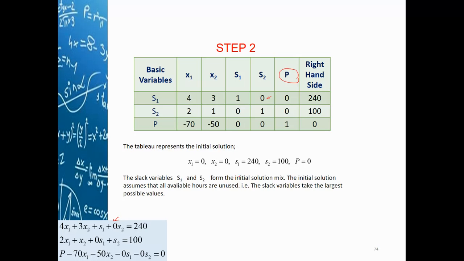Once you have this as your first step, your main intention is to refresh your 7 steps in the previous slides. Those steps mention that you identify all your coefficients into an augmented matrix.